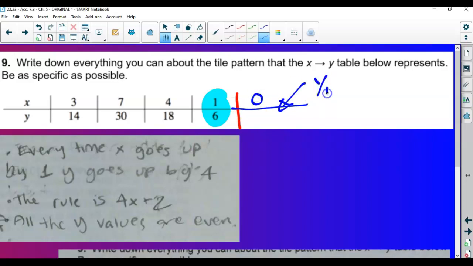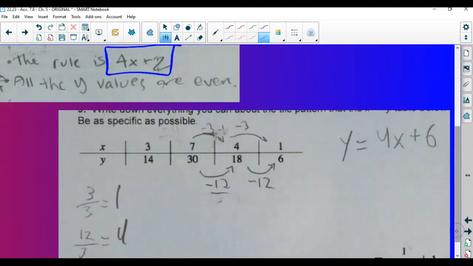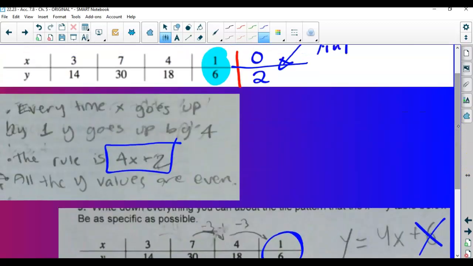Yeah, the y-intercept is actually the y value at 0. Right? So this is actually 2, making this correct. But guys, that was the trap door, right? Because they showed us 1, 6, but that's not your y-intercept. This is not correct. Plus 2 is correct.